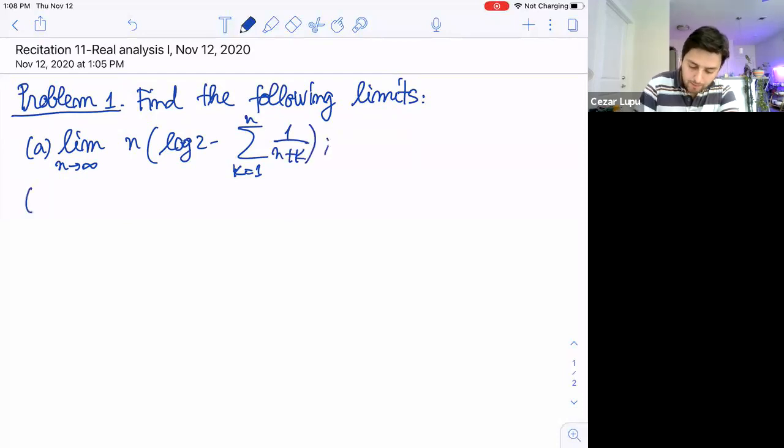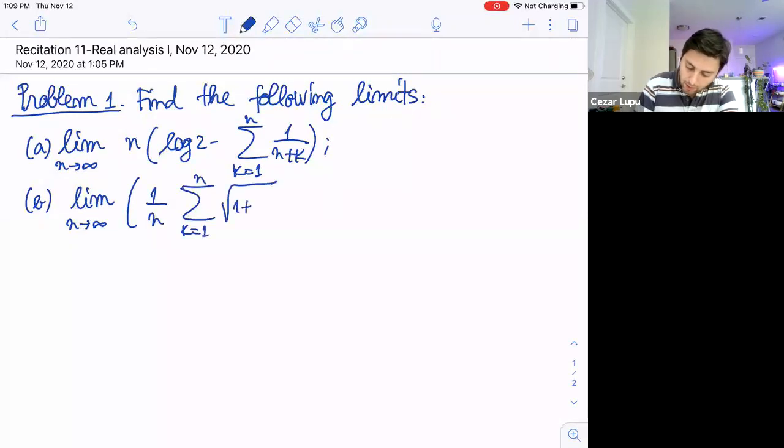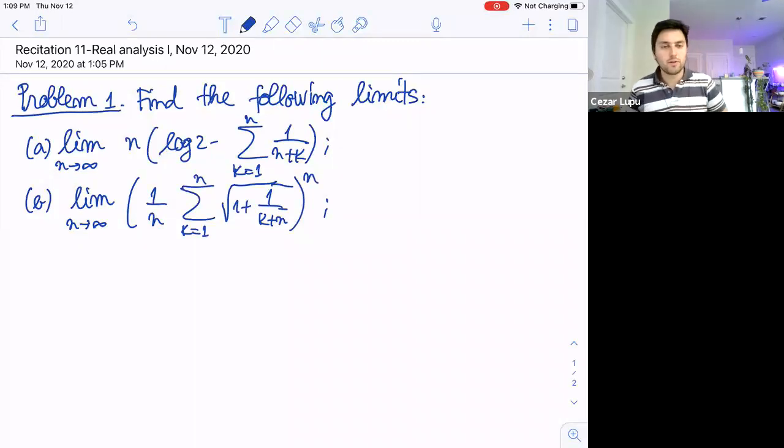And the second one is the limit as n approaches infinity of 1 over n, the sum of the square root of 1 plus k over 1 plus 1 over k plus n, to the power n. Okay, so this is the first problem. So let's solve the first one.